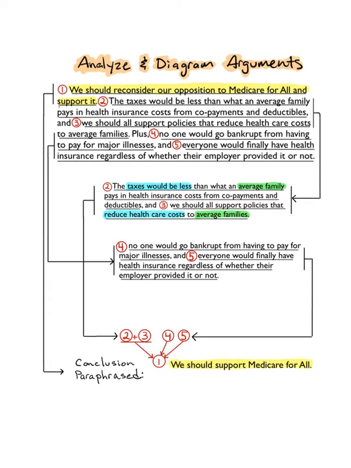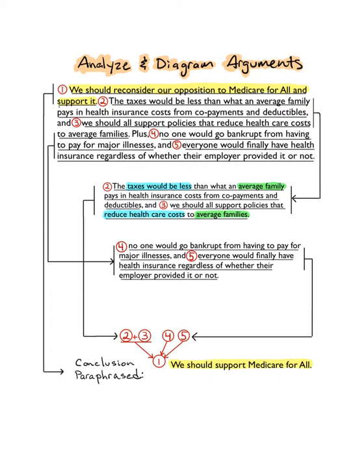I don't see any similar phrasing here, so that signals to me that these are independent. So 4 independently converges to support 1, and 5 supports 1 independently as well. So the overall structure here is 2 and 3 are linked together to support 1, and 4 and 5 independently converge to support 1.